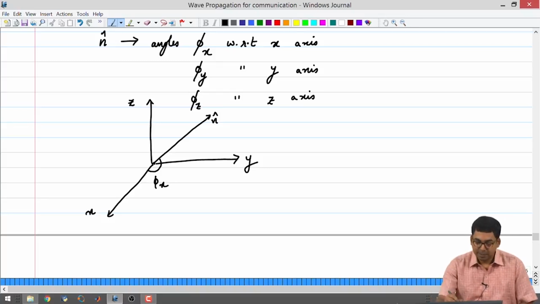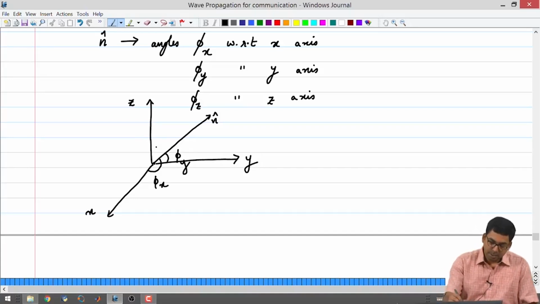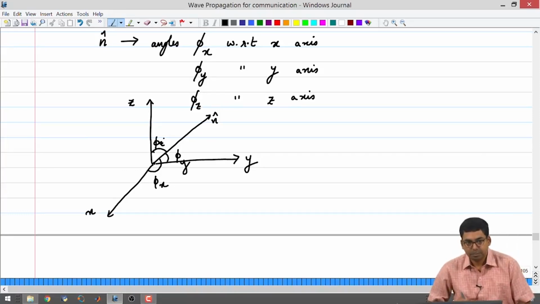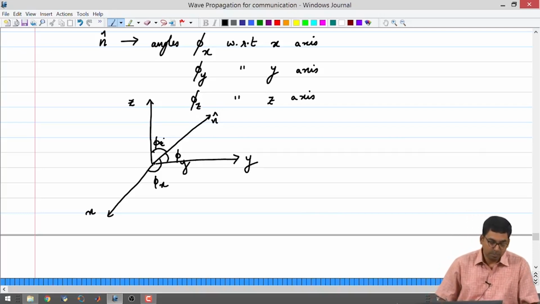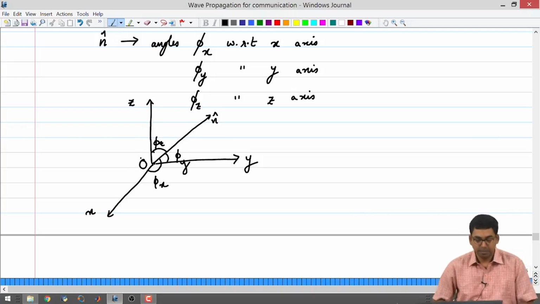The angle it makes with respect to the y axis is phi y. With respect to the z axis, say phi z. And I will mark the origin, say with some letter O.